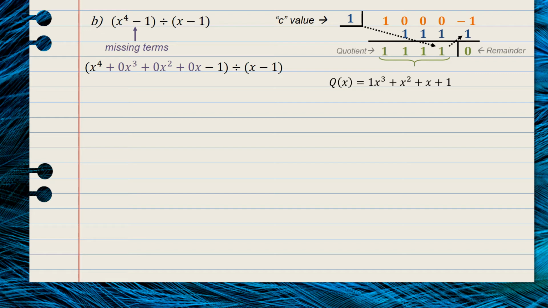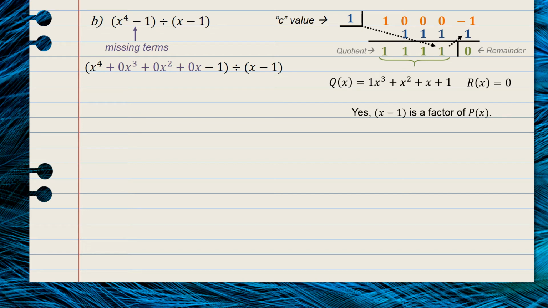You may choose to have coefficients of 1, or you can choose not to show them, since 1 is understood. So we have identified the q of x value. Now we identify the r of x. Well, in this case, the r of x will equal 0. Now the question is, is x minus 1 a factor of the original expression?